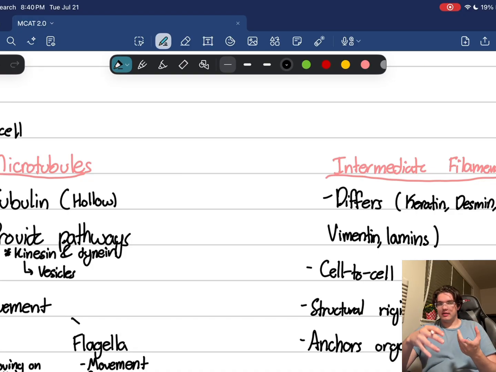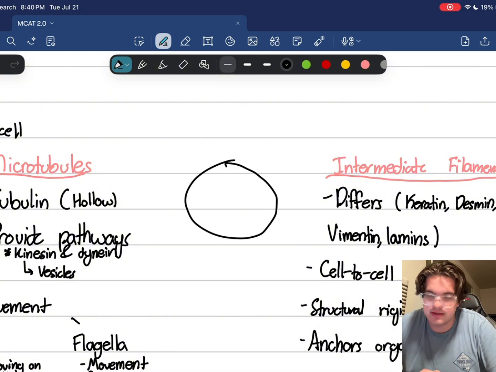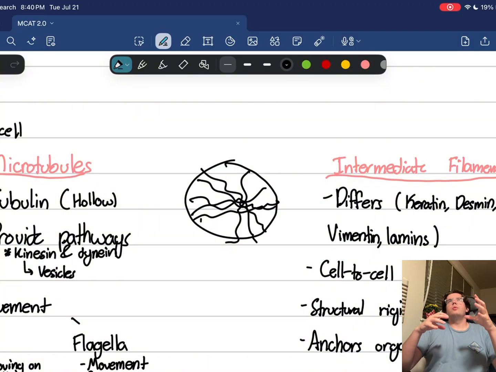Structural rigidity, so that's like inside of a cell. Think of intermediate filaments as, I'm actually going to draw this out because I feel it would help to visualize it. This is our little cell. These intermediate filaments are kind of just like a Spider-Man costume effect. They're the ones holding that structural rigidity of it and anchoring, you know, our organelles.